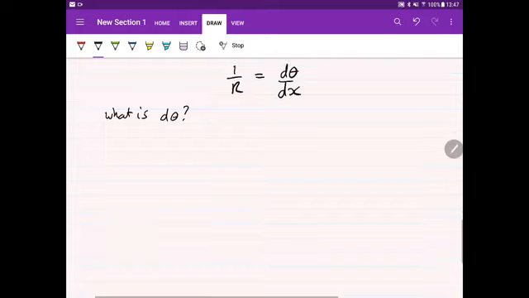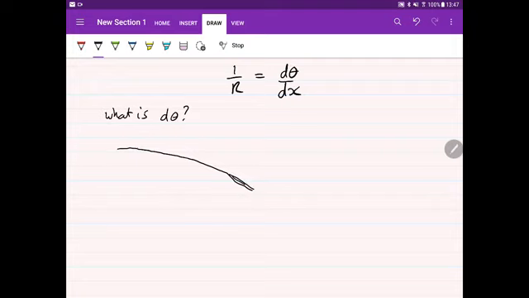One of the ways to try and think about what is going on with d theta by dx is to think about this curve. If we want to calculate the gradient at different points, we might draw little triangles on here like this. Each of these triangles would have some length, dx1, dx2, and it would have some drop, which would be dz1, dz2.